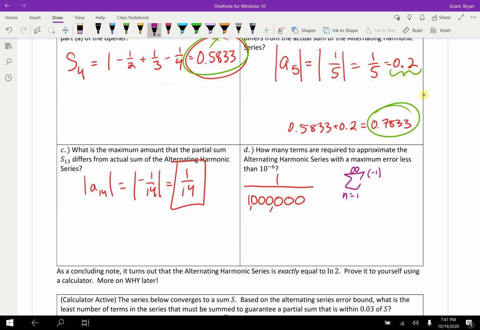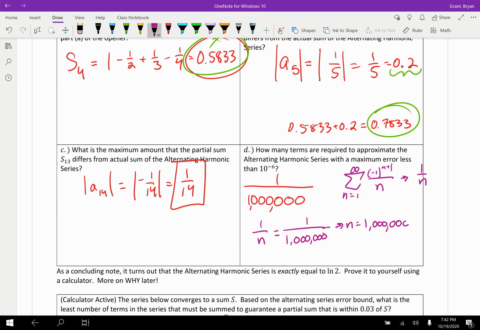So I'm going to start with this guy. But because it's the absolute value, all I'm really going to deal with is just 1/n. So my question is, what do I have to plug in for n to get an answer of 1/1,000,000th?